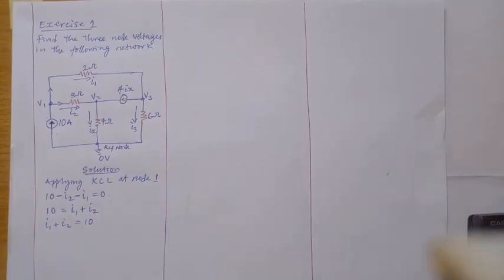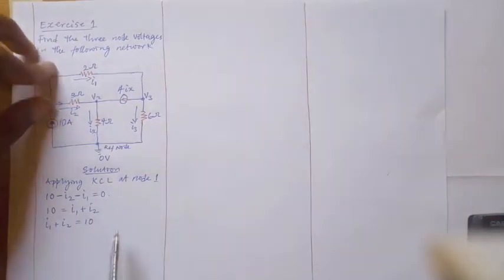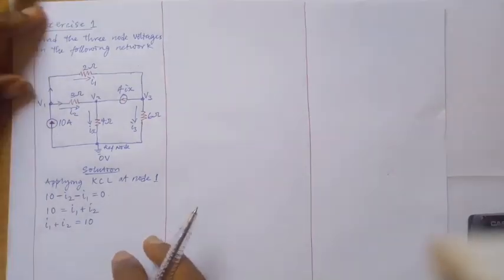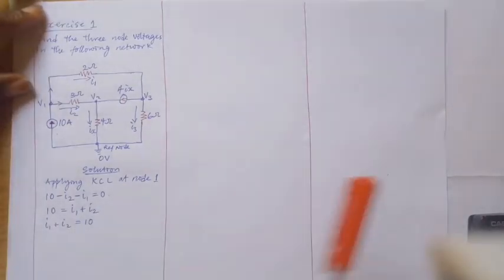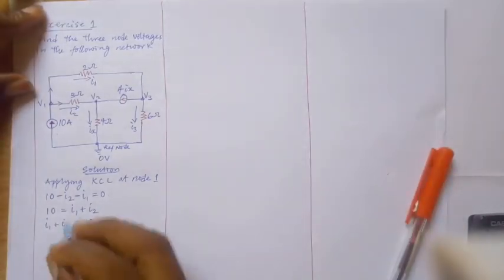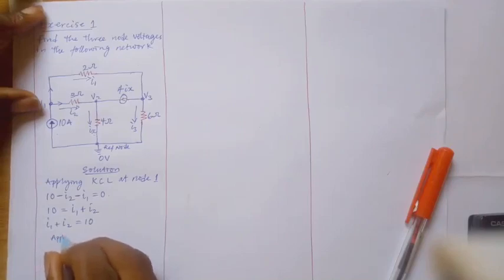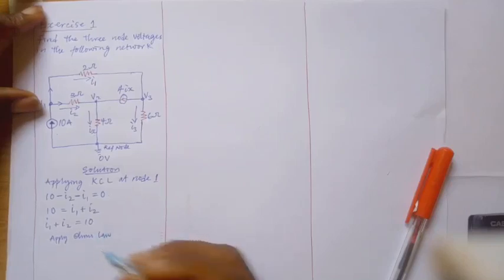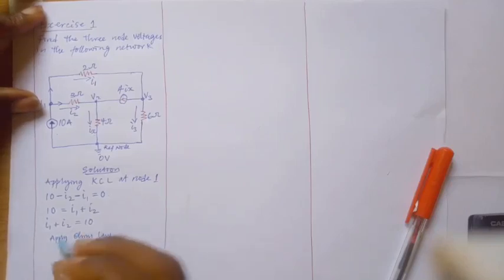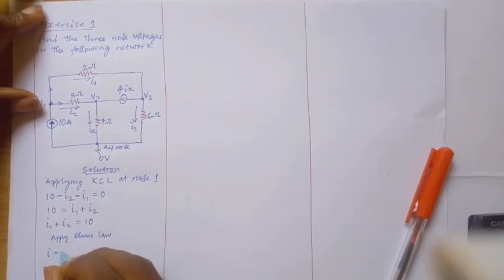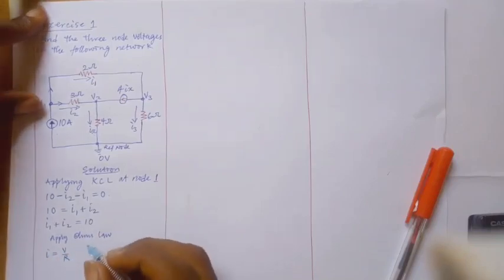I1, before we can get current, remember, let's apply Ohm's law. I just want to apply this Ohm's law here. So the rest you know Ohm's law. Ohm's law mathematically, we say I equal to V over R. That is V against R, okay?